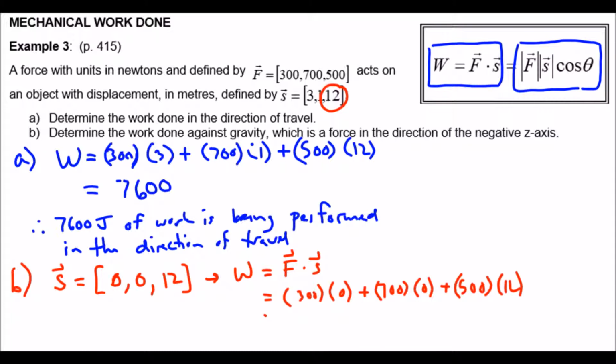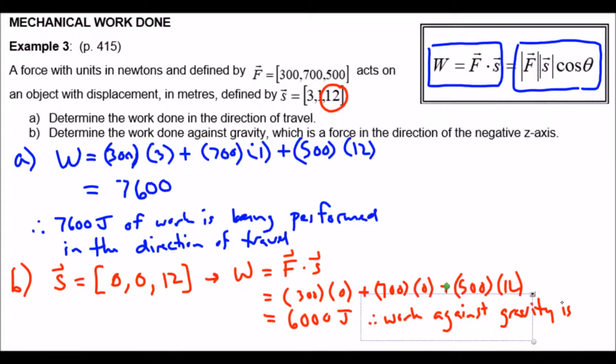So this is equal to 6,000 joules. That's going to be the work done against gravity, going up where gravity is going down. Therefore, work against gravity is 6,000 joules.